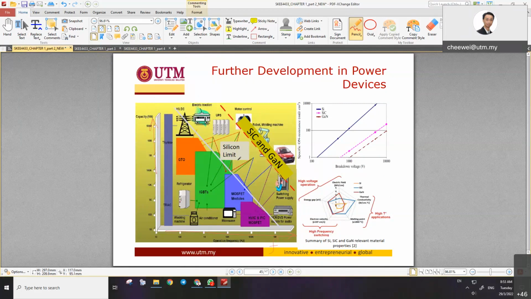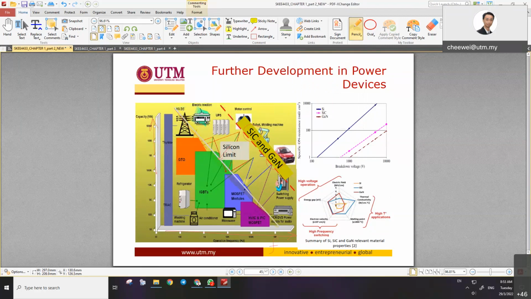You see that the conventional silicon limit is the gray line here. It says the limit of silicon, and then silicon carbide and gallium nitride came in. So they expand the limit from, can you see the line? This is the original limit of conventional silicon.